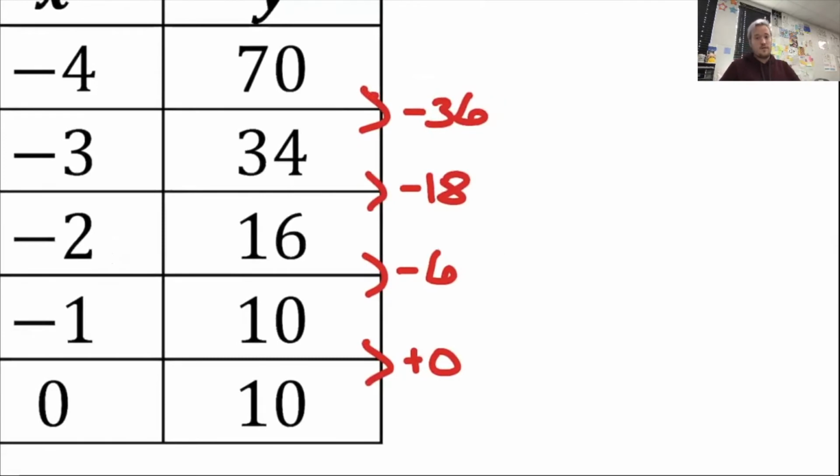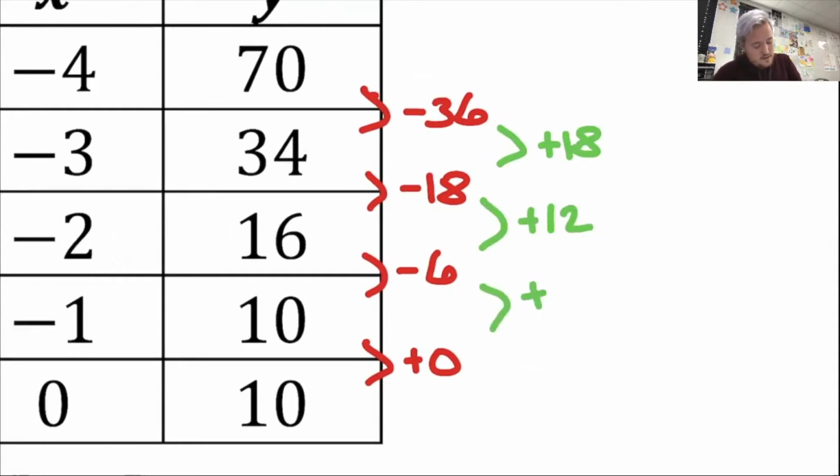All right, so we don't have a clear consistent change, so I'm going to do another level of change. So I'm going to go from negative 36 to negative 18, so that's actually adding 18. And then negative 18 to negative 6, that's adding 12. And then negative 6 to 0, that's adding 6.